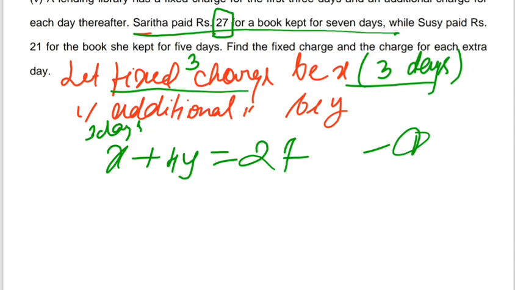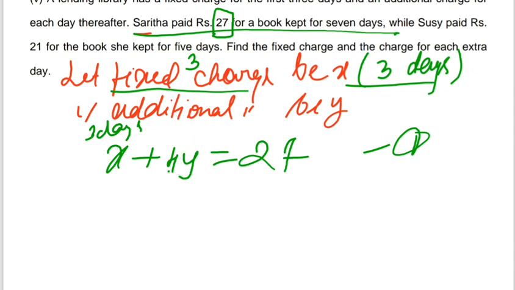Here 3 days are gone, so for the remaining 4 days, number of days into charge per day, that is 4 into y.